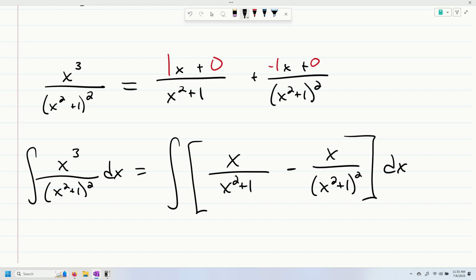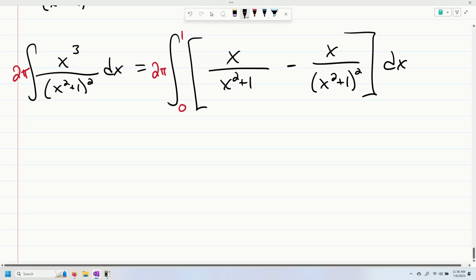And don't forget, we have our limits of integration from 0 to 1. Now, we need our 2 pi out front because we were finding a volume. And now we are good to go, I think.